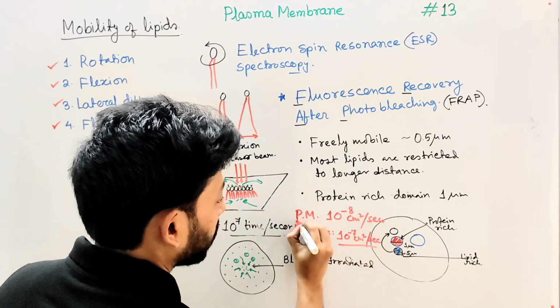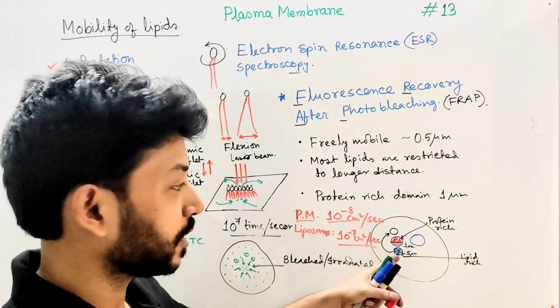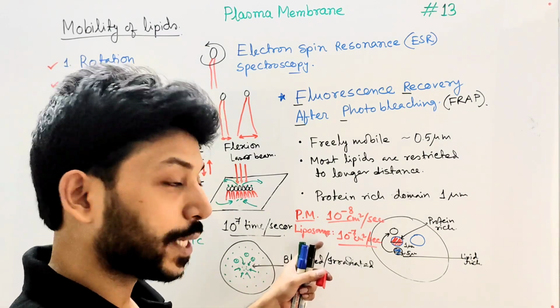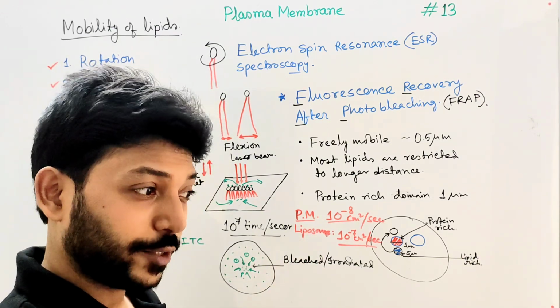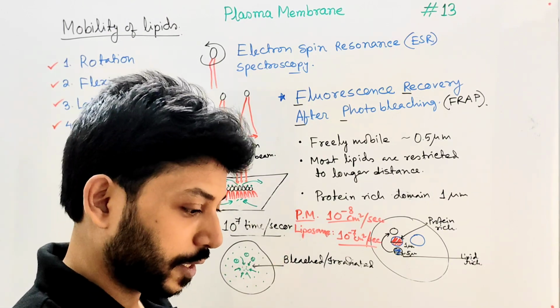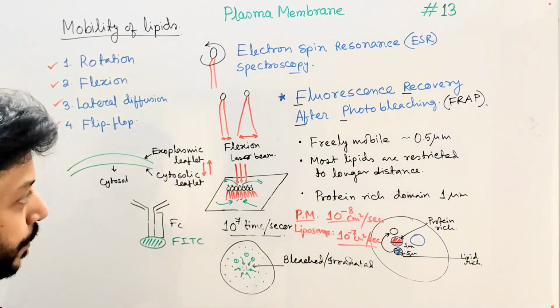As you can see, in the plasma membrane, which also contains protein regions, the lateral diffusion is 10 times lower than the liposomes that are only made up of lipid molecules. So basically proteins prevent the rate of lateral diffusion in case of plasma membrane.